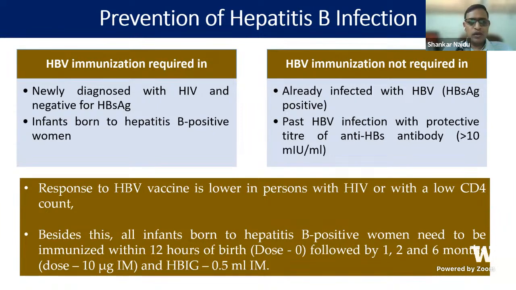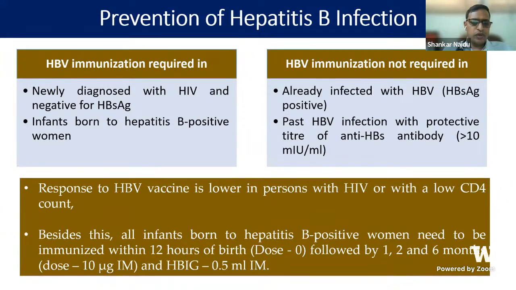However, hepatitis B immunization is not required if the patient is already infected with hepatitis B, or if there is a past HBV infection which has been treated and the protective antibodies are more than 10 million units per ml.